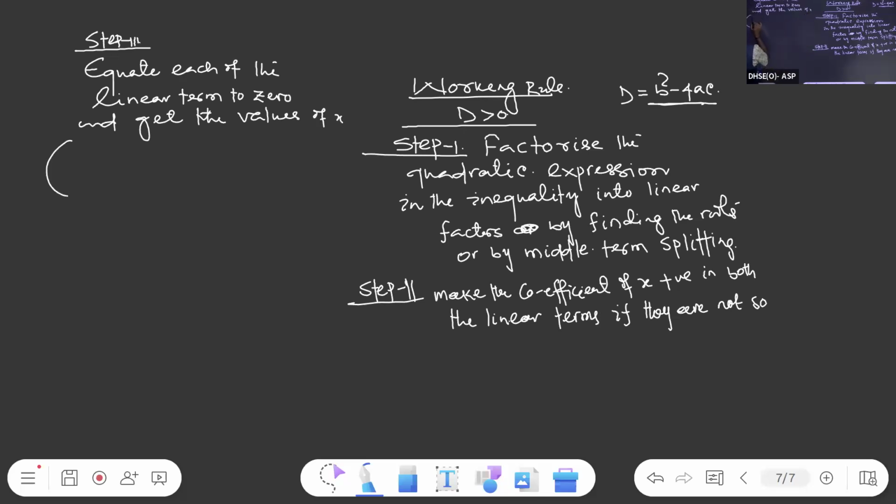In brackets, these values are roots or critical points. Then come to step 4.